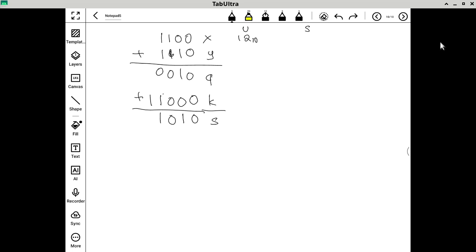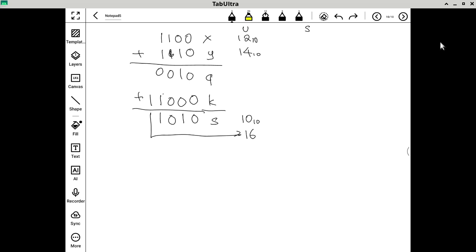And then 1110 is 14 in base 10. 1010 is 10 in base 10. But we have an overall carry of 1, which is a 16. 10 plus 16 is 26, which is also what you normally would get when you add 12 to 14. Is that okay? So is everybody convinced that in the unsigned interpretation, the addition makes sense?